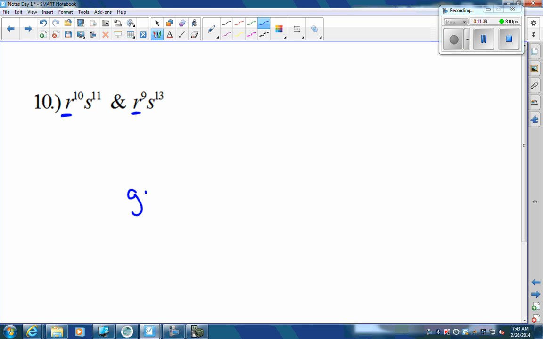So my GCF, I'm going to have an R. What's my smallest exponent on my R's? A 9. Now, I have an S in both of them. So I write S. Out of these two S's, what is my smallest exponent? 11. That is your GCF. Don't worry, we're building up to why we do this in a minute.